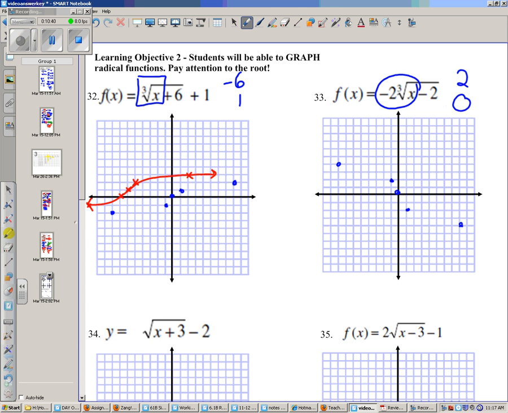Again, I just used my cheat sheet, and now they're all going to shift again to the right 2. So here they go. And when I connect these, I'm going to make sure I include arrows at the end because again, this one keeps going and going and going.